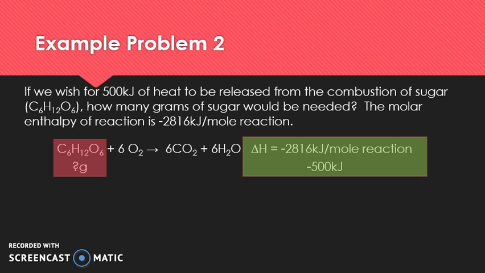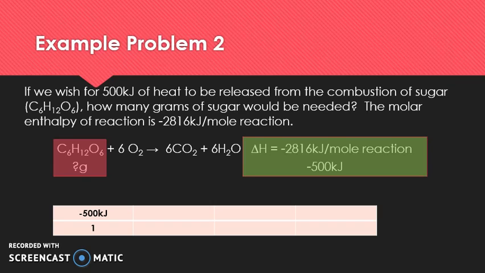Time to start our stoichiometry. We know that we need to start with the number given, that's the negative 500 kilojoules, and we know that we need to end with grams of C6H12O6. So let's start our stoich. Layer in the number that you know, negative 500 kilojoules over 1. Kilojoules has to fall down to the bottom of the next box, and we have to convert it into moles somehow.